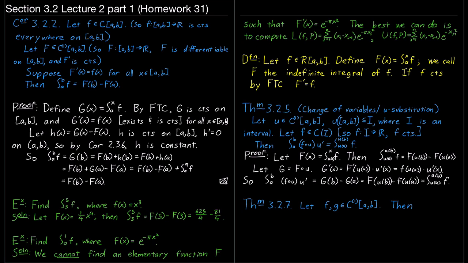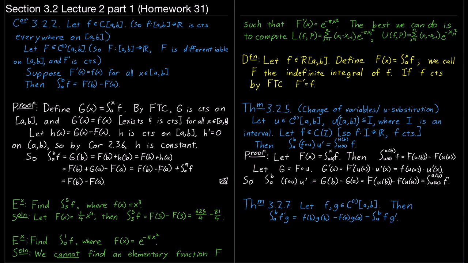Then here's how you write integration by parts for definite integrals. The integral from a to b of f prime g is f of b g of b minus f of a g of a, and then you have to subtract from that the integral from a to b of f g prime.